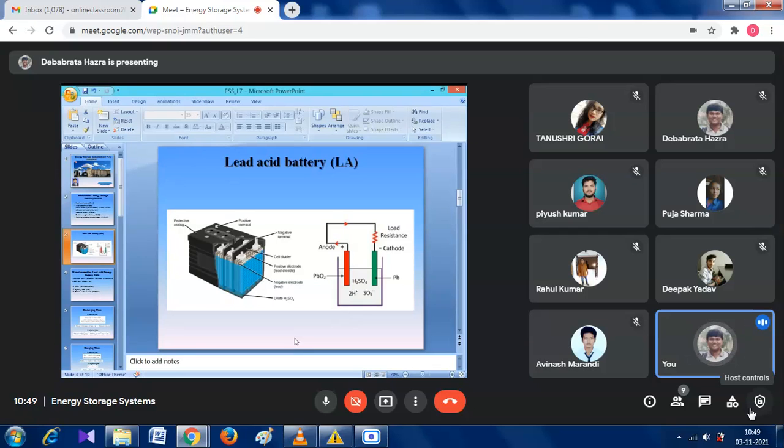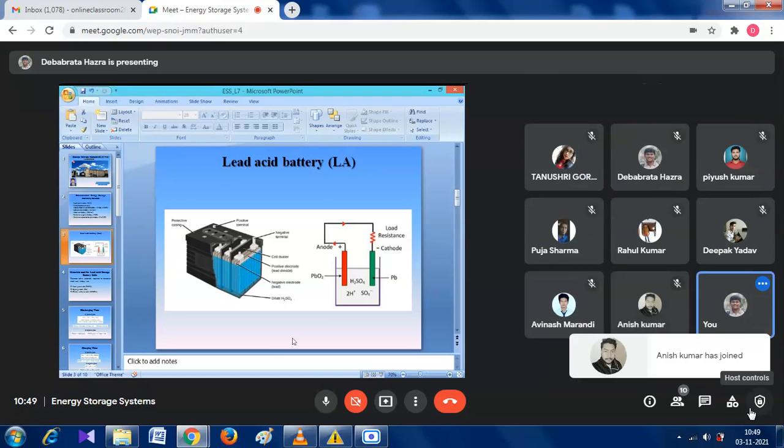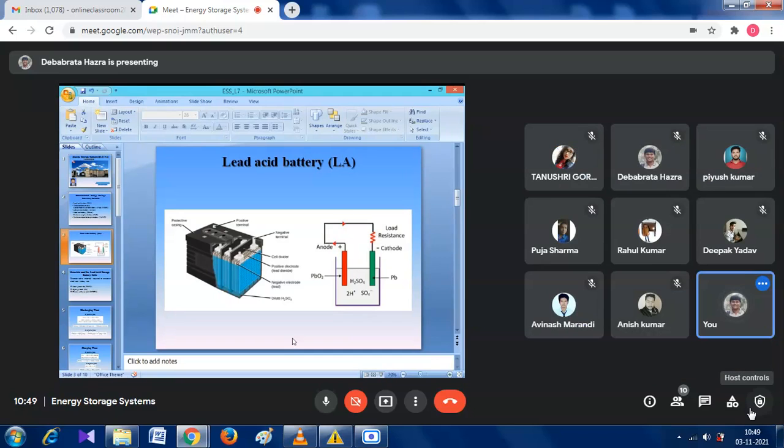Actually, if we use dilute H2SO4, then H2SO4 breaks into H plus and SO4 double minus ion, or you can say H plus and HSO4 minus ion.